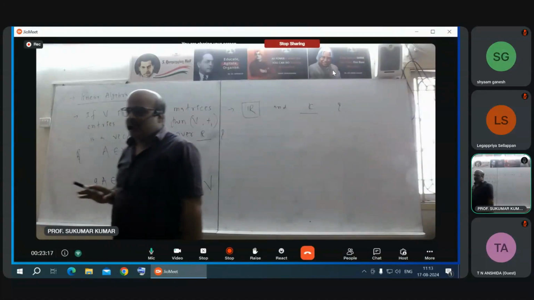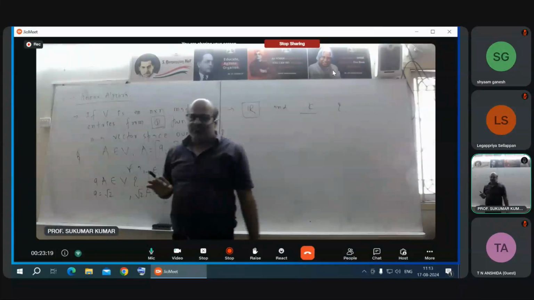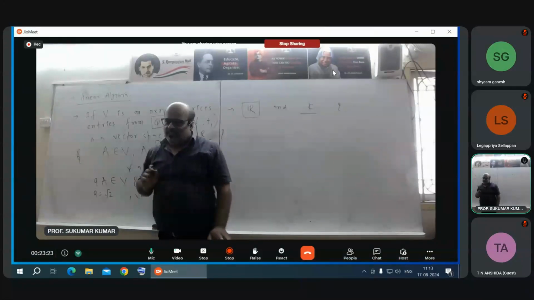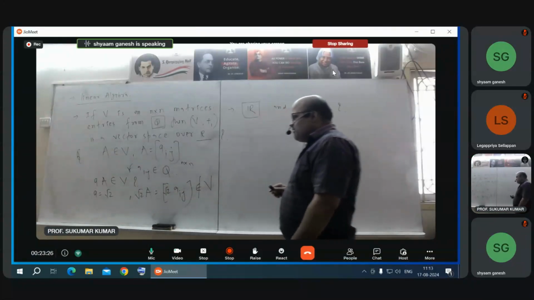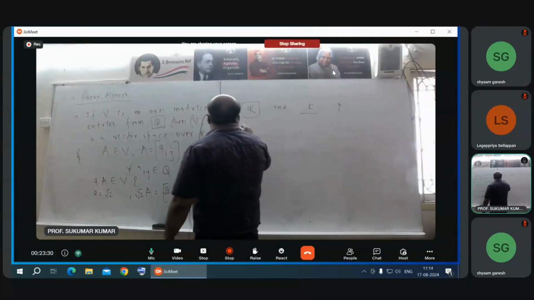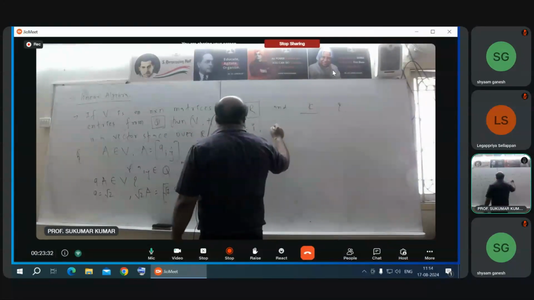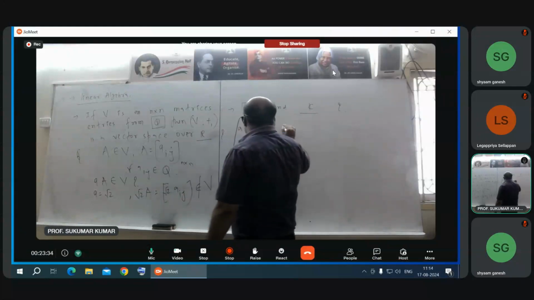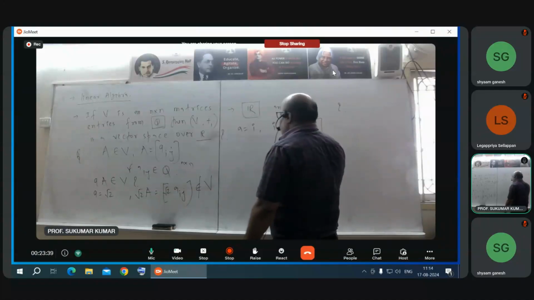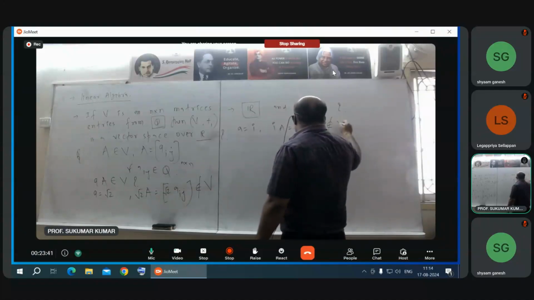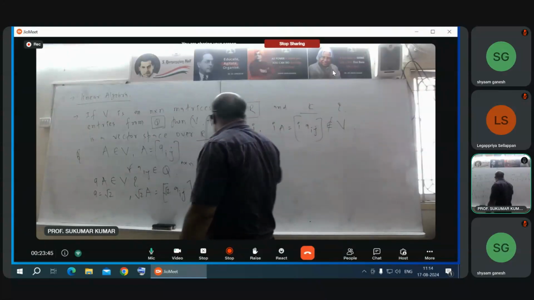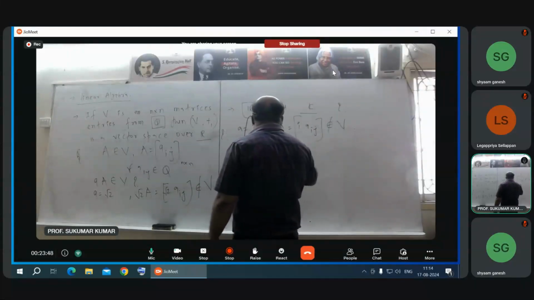Not a vector space. Why? Same reasons. I choose alpha equal to iota, and multiply iota into A, iota times entries Aij. Aij are real entries, so this does not belong to V. So this is not a vector space. In this case also.